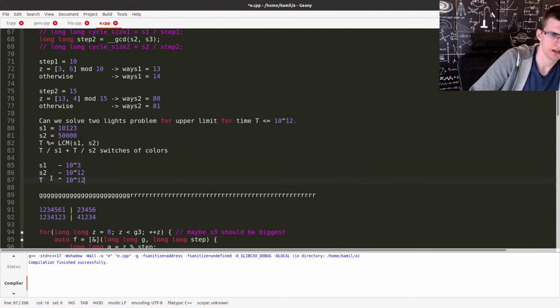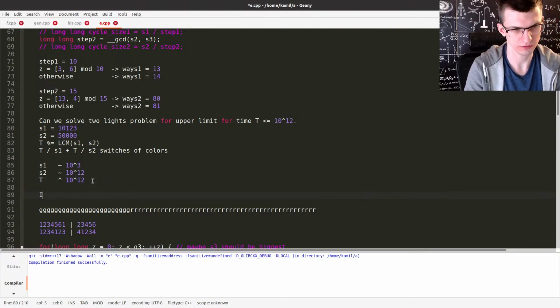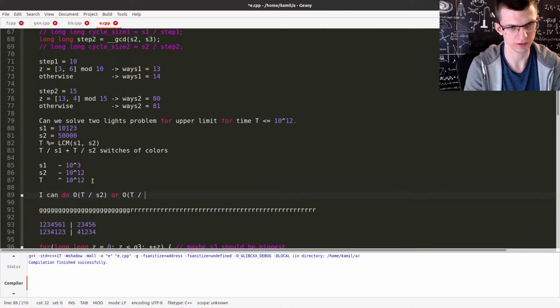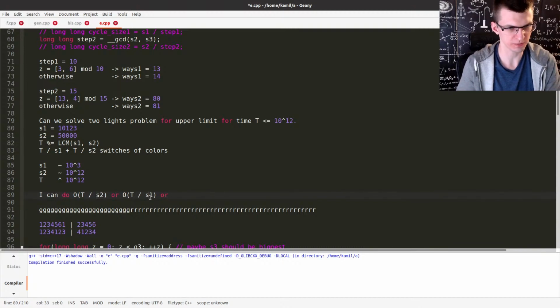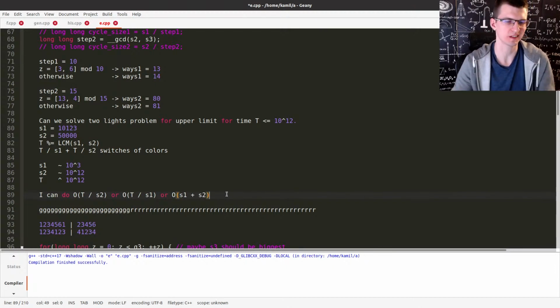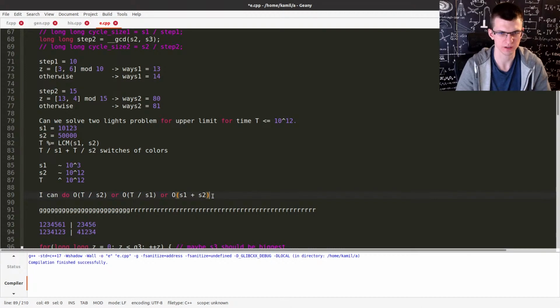So to sum it up, if at least one number is big, like this, I can do O of t divided by s2, or O of t divided by s1, or if both are small, then that's bad. But then eventually, if both are small, then like this will be whatever.